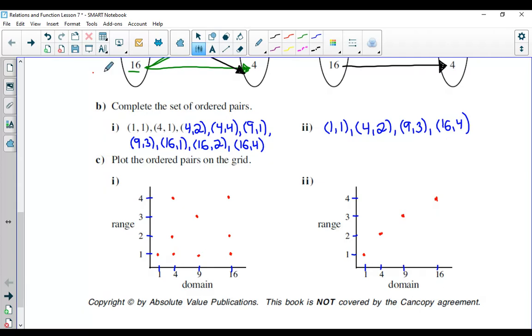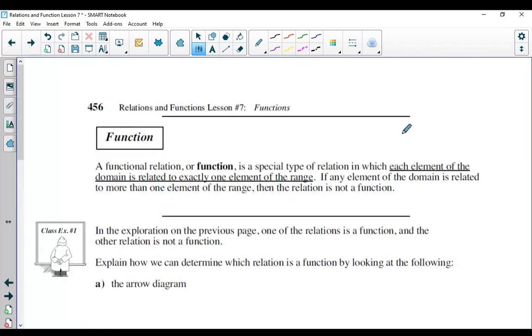Now we're going to the next page where we're going to define what a function is. Okay, it says a functional relation or a function is a special type of relation, and this is the key part of it. It says each element of the domain can be related only to exactly one element of the range.